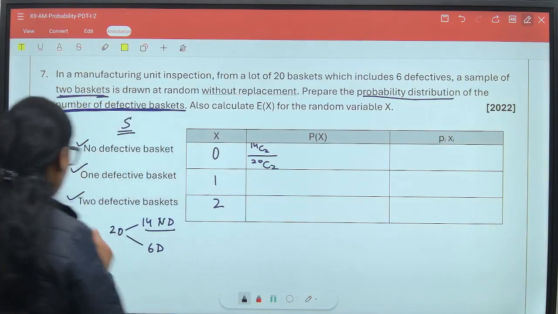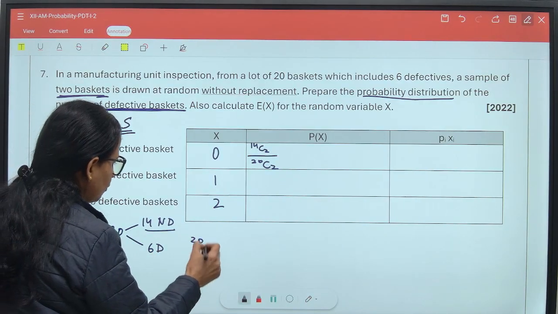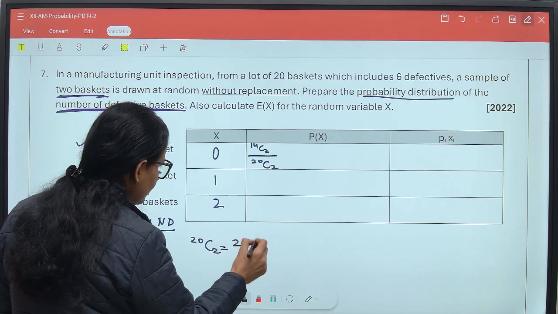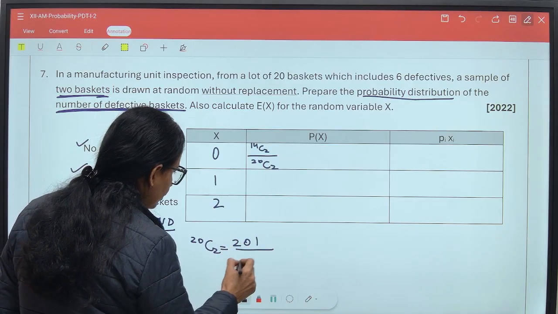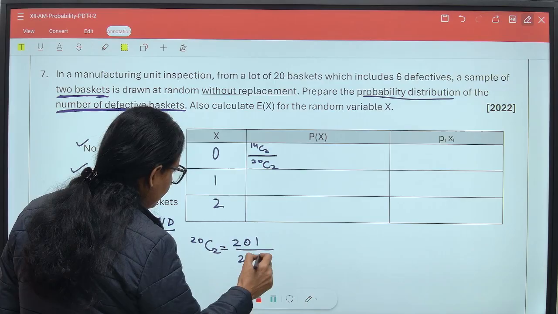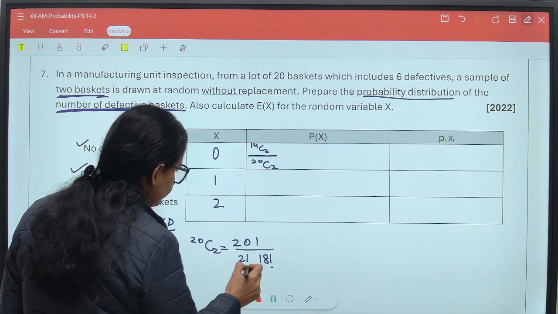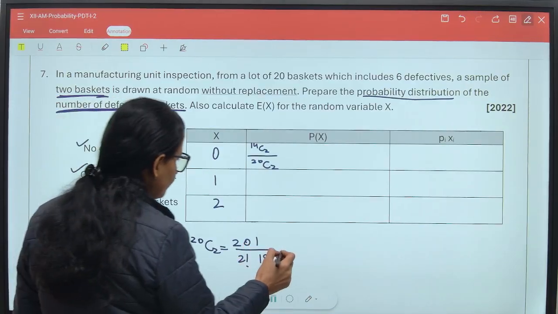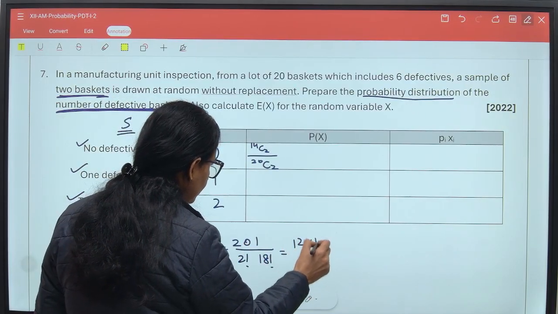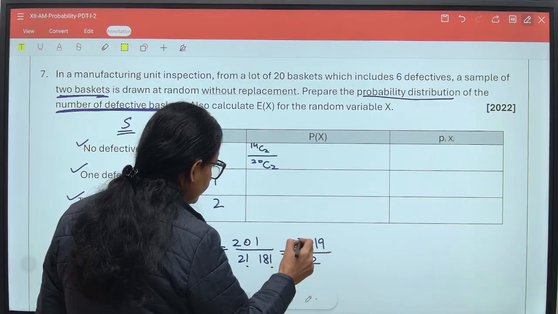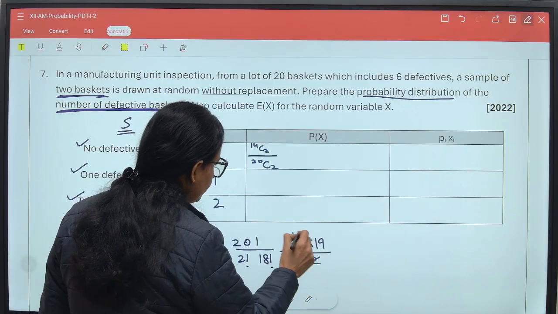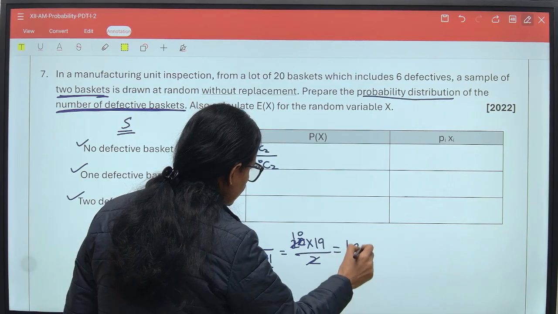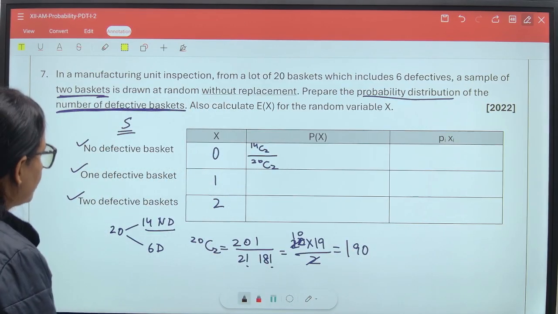You can just calculate 20C2 and keep it aside. What is 20C2? It is 20 factorial upon 2 factorial into 18 factorial. So the value of this is 20 into 19 upon 2, and that comes out to be 190. So you can keep it aside.